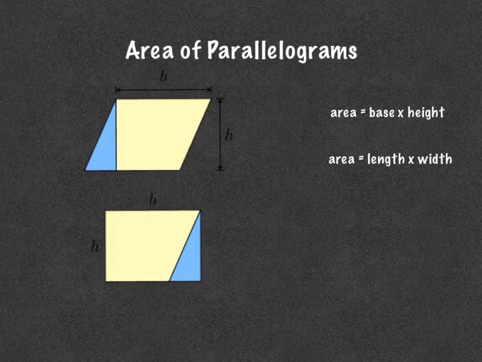So the reason that this height is here and not over here is because our height has to be 90 degrees from the base. So this would be the height of our parallelogram. So if we were to cut at the height and glue it over here, this would equal a rectangle.